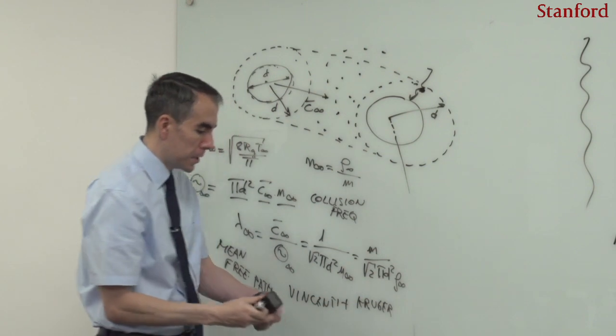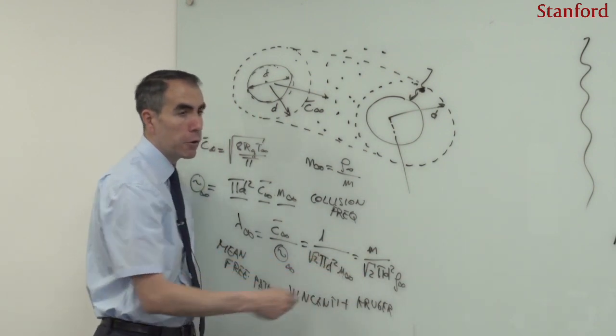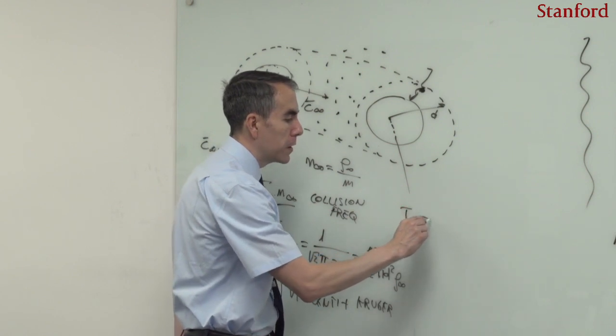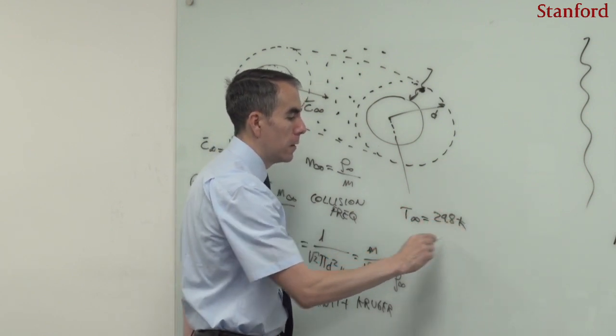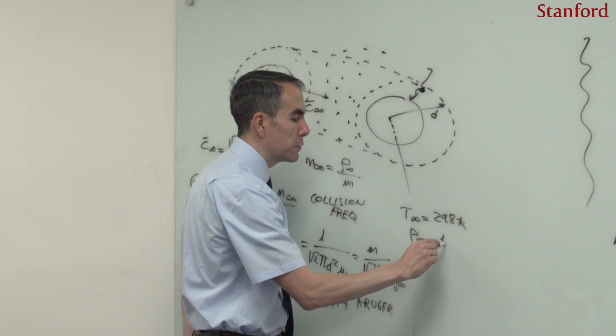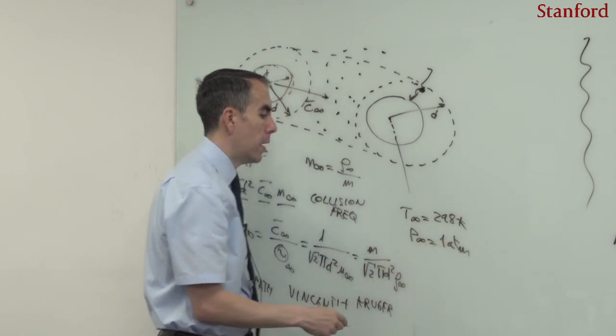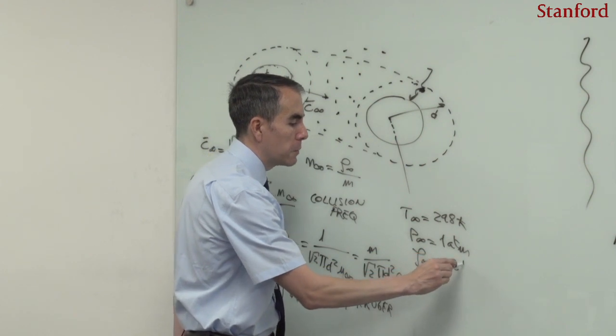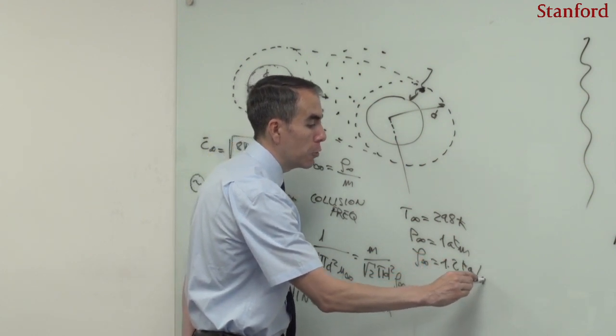If you evaluate this number at atmospheric conditions, for instance on the ground, where the temperature T infinity is 298 kelvins, the pressure P infinity just 1 atmosphere, the density is 1.2 kilograms per meter cube.